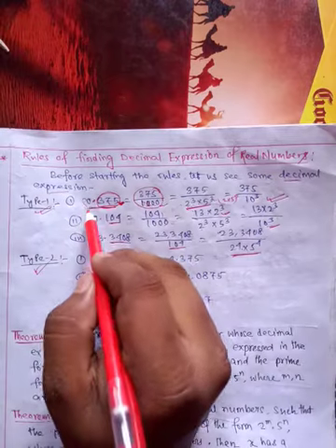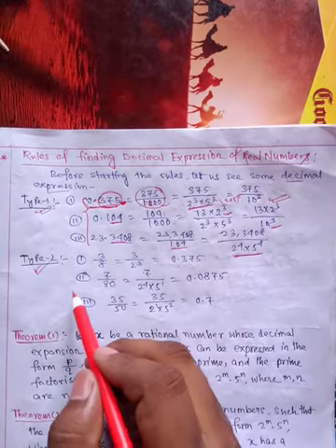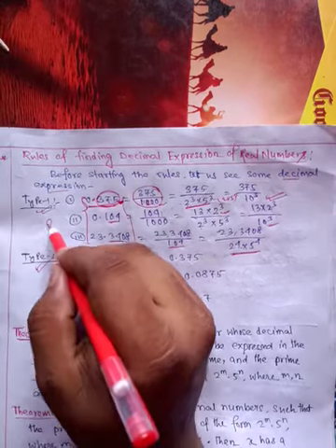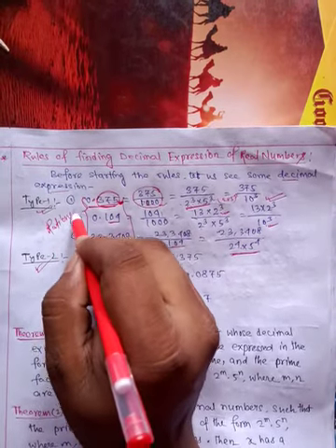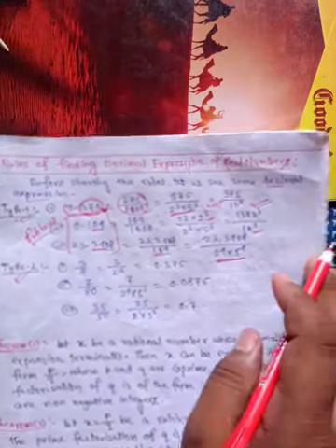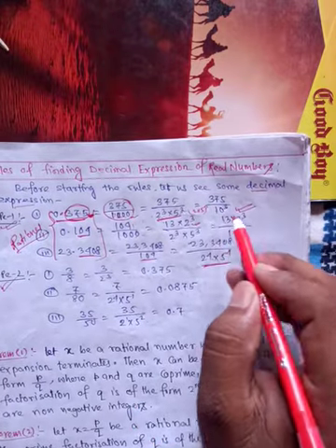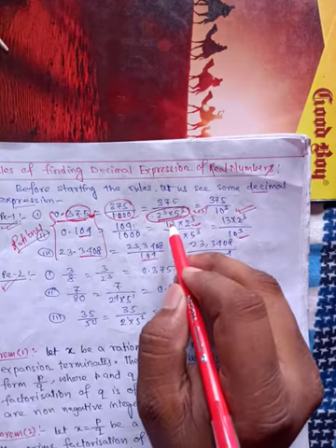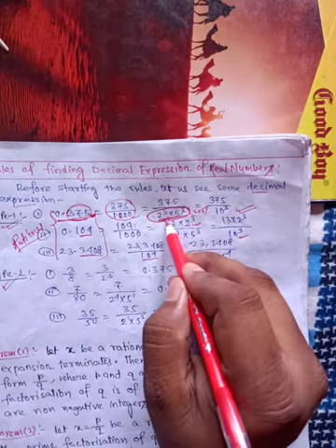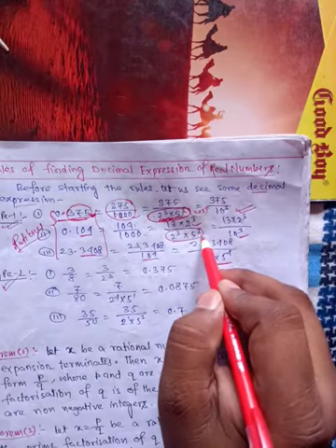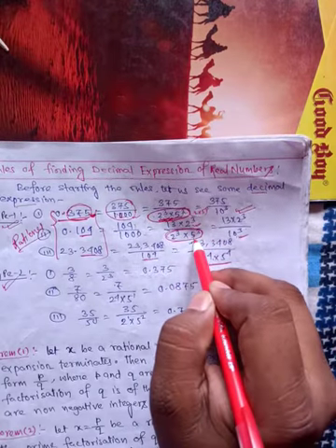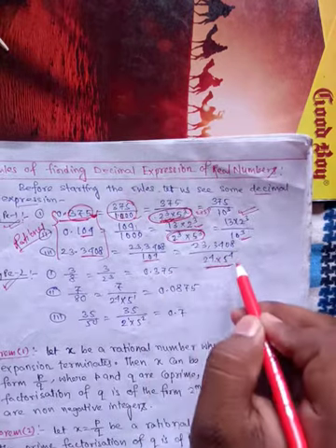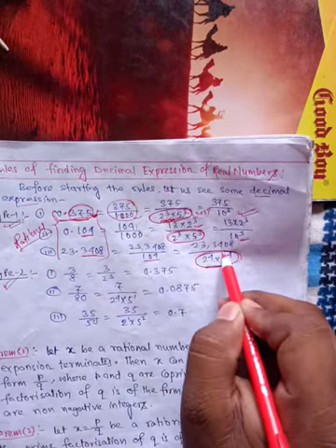Now see this example: all are terminating decimal expressions, that is, all are rational numbers. And what you can say here is that the prime factorization of the denominator always contains only the prime numbers 2 and 5, 2 to the power something and 5 to the power something.